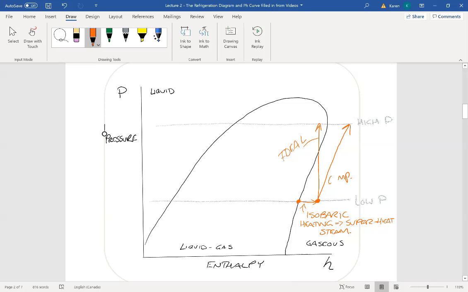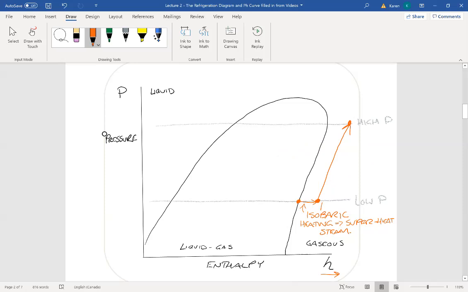When we compress, we actually put work in, right? We put work energy into the system. We pay for electricity to put work energy in. So what actually happens is enthalpy increases. So the enthalpy of the system increases. So this is actually our second point.